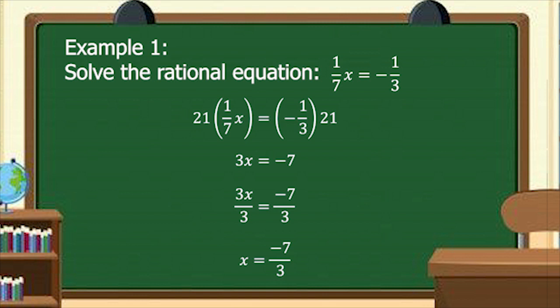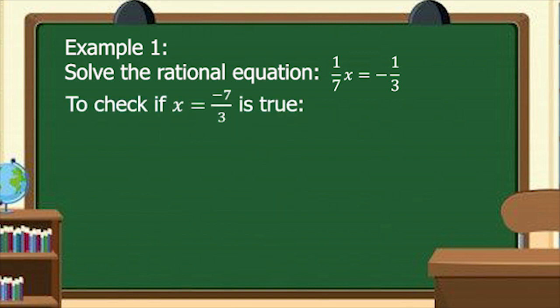To check if the solution is correct, you can substitute the value of x, which is negative 7 over 3, to the original equation, 1 over 7x equals negative 1 over 3. On the left side, you have 1 over 7 times negative 7 over 3.